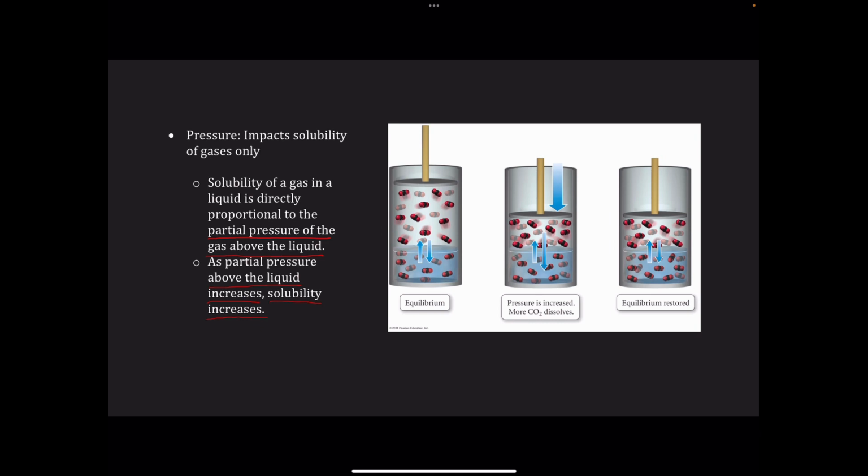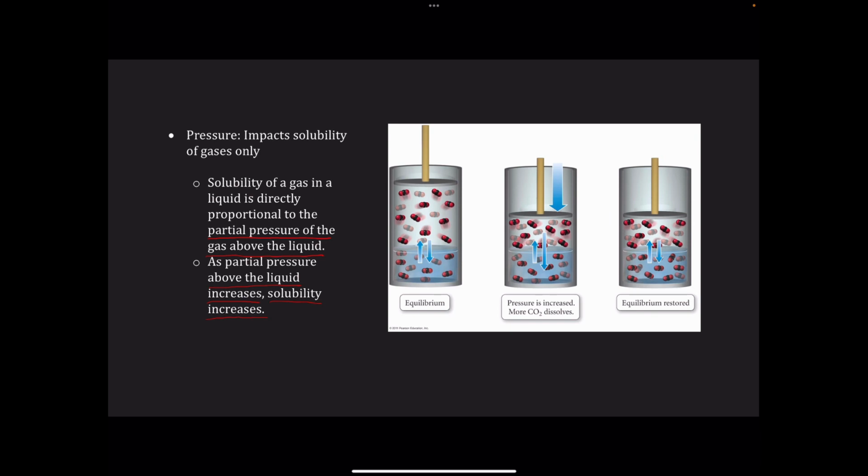Carbon dioxide is a good example. Carbon dioxide is not particularly soluble in water. It's a very weak solubility. In our first image here, we can see small amounts of carbon dioxide dissolved, and we've got a large amount of gas above the solution. Now, we increase the pressure here by decreasing the volume.